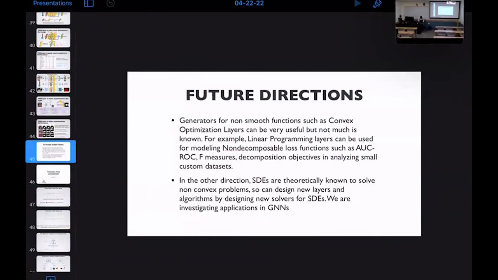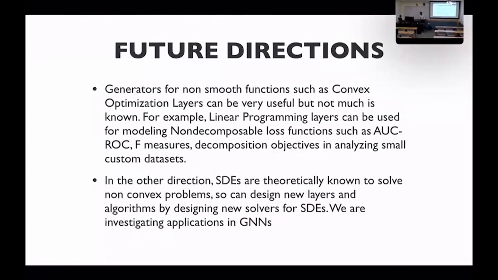As for future directions, I got trained as a convex optimization person, and these days I solve non-convex problems. But essentially there are lots and lots of problems at the intersection of non-convex and convex problems that have not been explored that much, especially for small scale data sets.